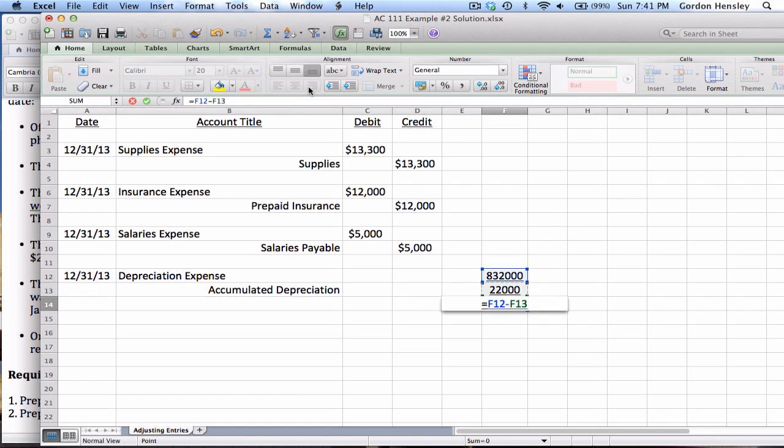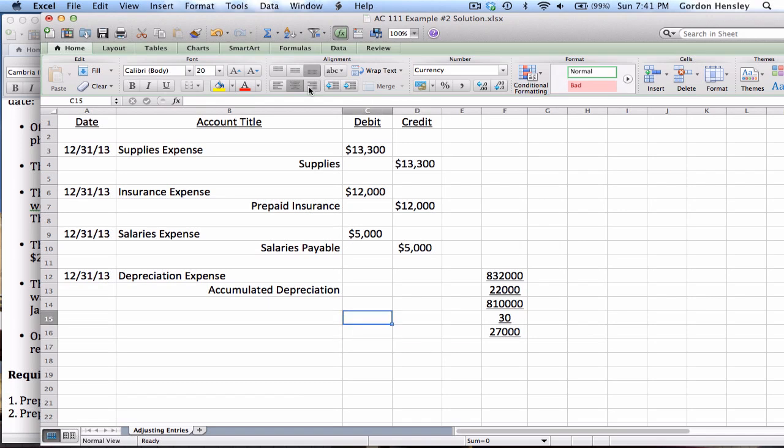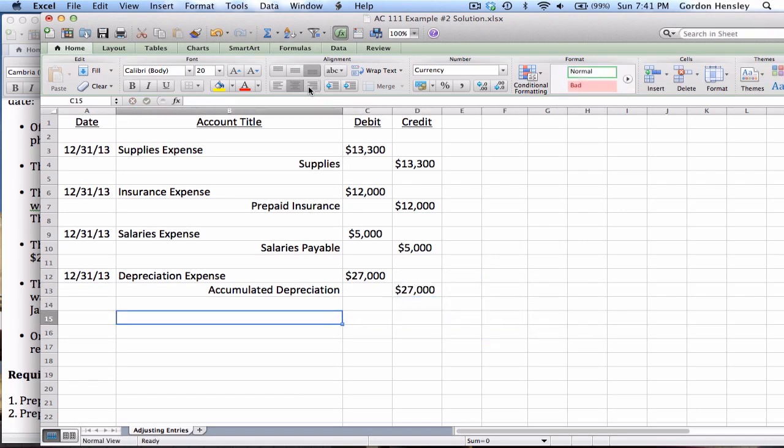So cost minus salvage value is $810,000. We want to divide that by the years. Well, it happens to be 30 years. So we divide that and we get annual depreciation, $27,000. So I will record $27,000 worth of depreciation. And like I said, later on we'll learn other ways to record that as well.